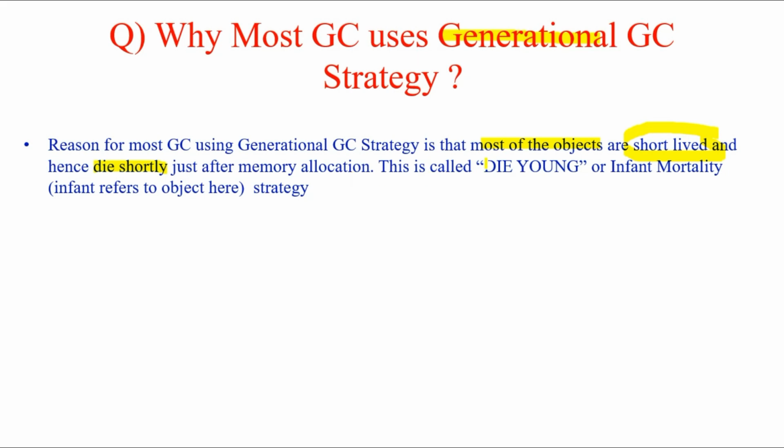That is why it is called die young or infant mortality. Infant here refers to an object. I just hope this concept is clear to you, that most garbage collectors use generational garbage collection because most objects don't live for more than a short chunk of time.